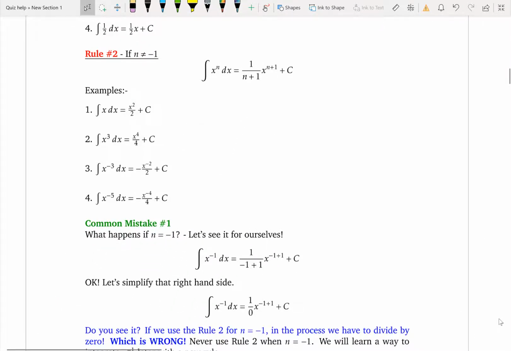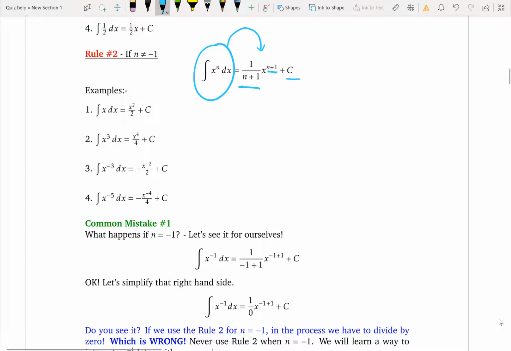You want to integrate x to the power n with respect to x. Now n is again a number. It can be a positive number, negative number, a fraction, a decimal, anything. According to this rule, you add 1 to the power, so you have n plus 1, and you divide by n plus 1, and of course you have plus c, the arbitrary constant.